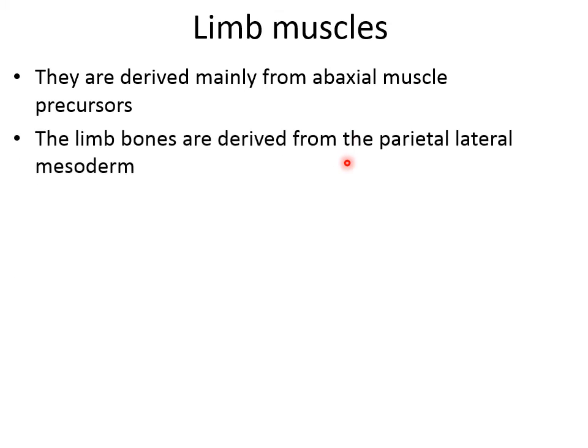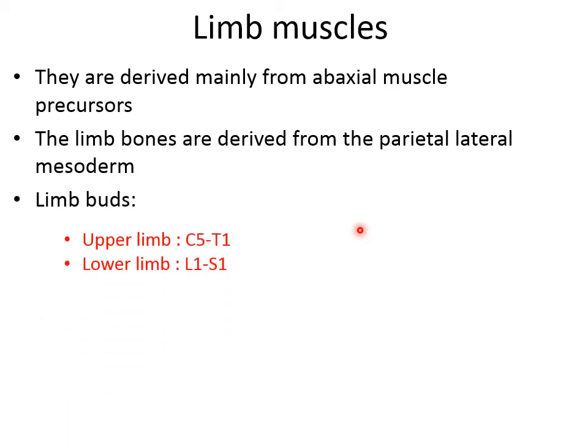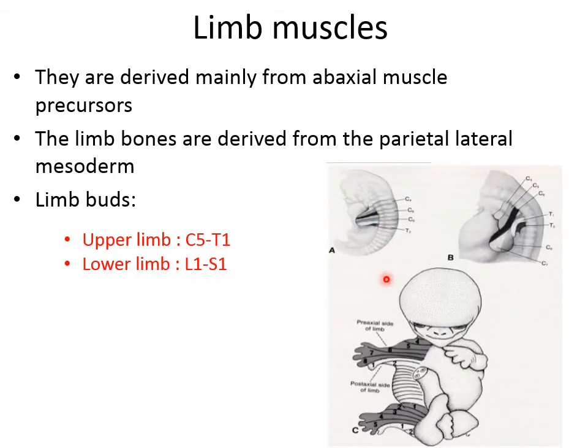The limb bones are derived from the parietal layer of lateral plate mesoderm, and the limb buds form the upper limb from C5 to T1, and the lower limb L1 to S1.